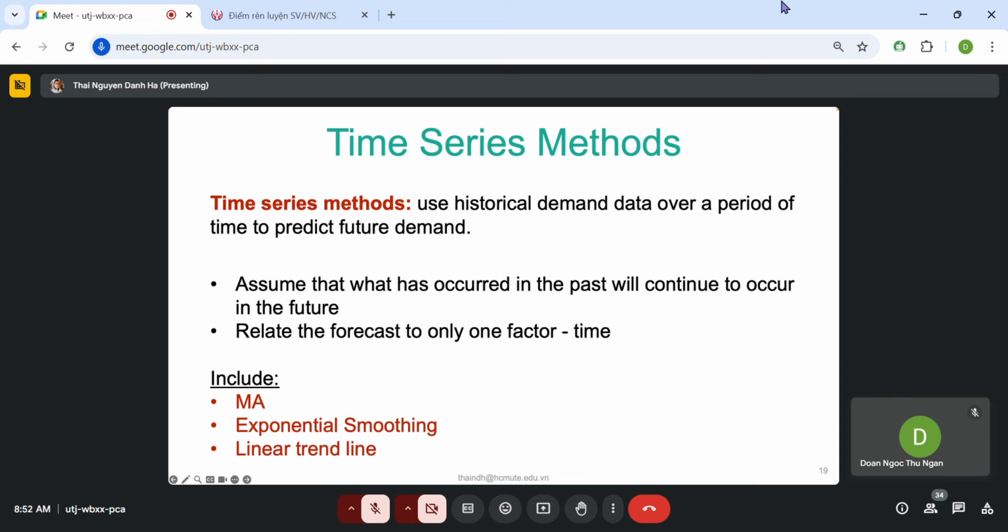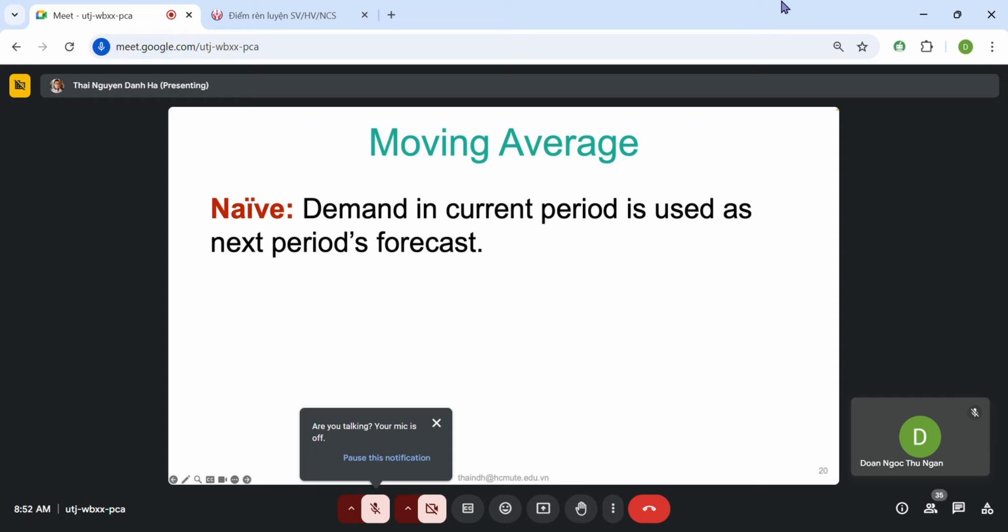For example, last month we produced 50 products for the market, and this month we also produced 50 products, and the next month we also produce 50 products for the market. We just assume that the demand will be the same in the whole period. That is the naive, right?